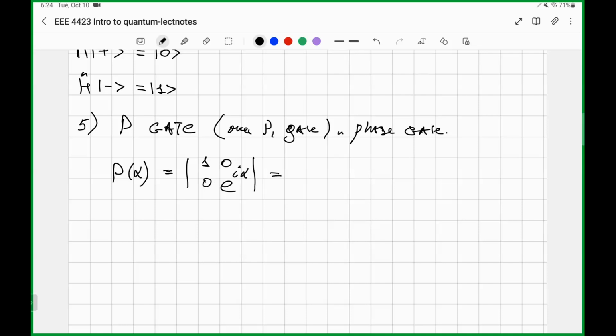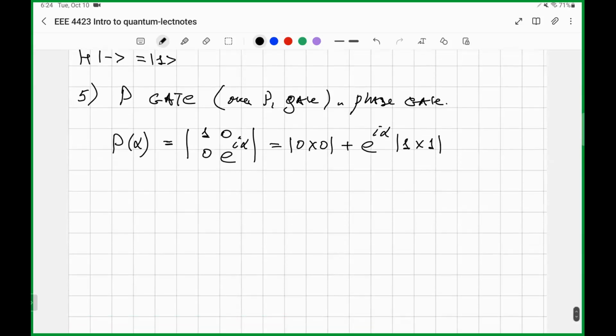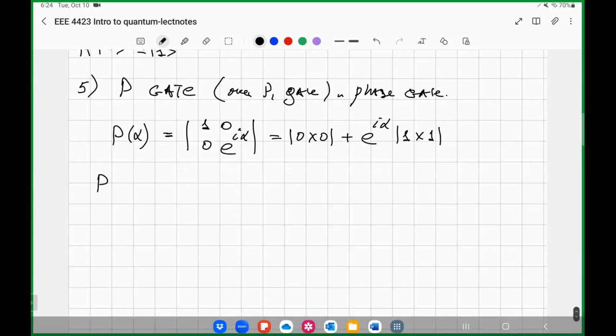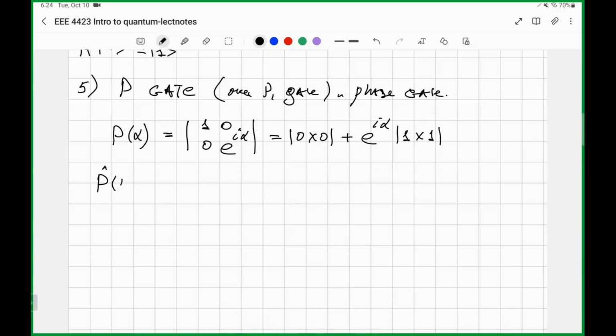Or in terms of the outer product representation, it is given by |0><0| plus e to the power of i alpha |1><1|. So let us consider the action of this gate on a general state psi.